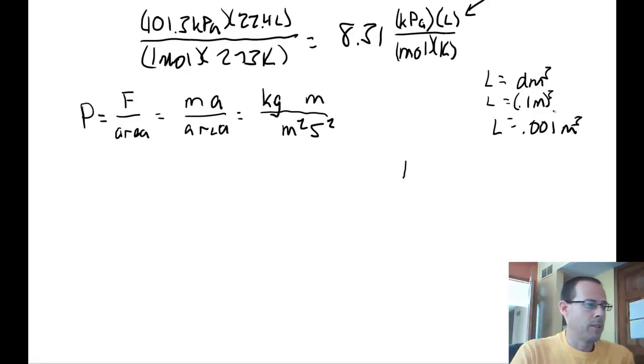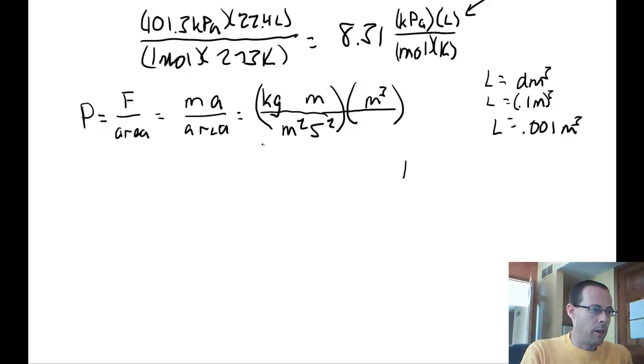All right. So hopefully you're following there. So my next unit that I'm going to throw in is going to be meters cubed. Alright? So right now I have pressure times volume all over moles times Kelvin.